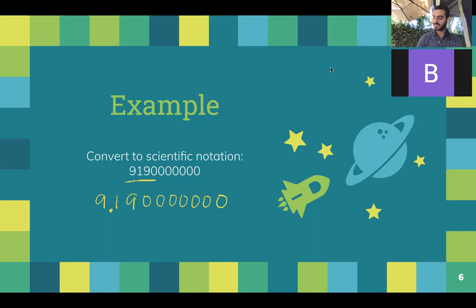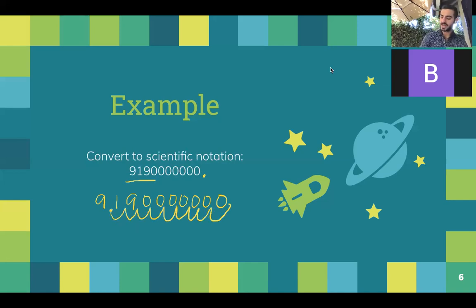Now, in this problem, our decimal point is back here. When we convert it to scientific notation, we want to get it back to that number. So we're going to move it 1, 2, 3, 4, 5, 6, 7, 8, 9 times. Okay.